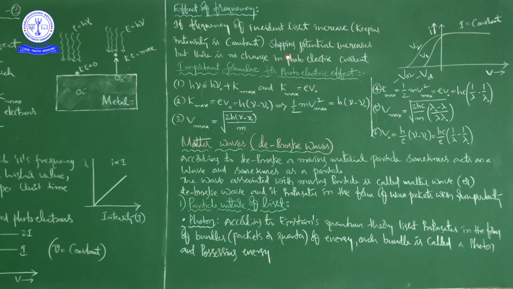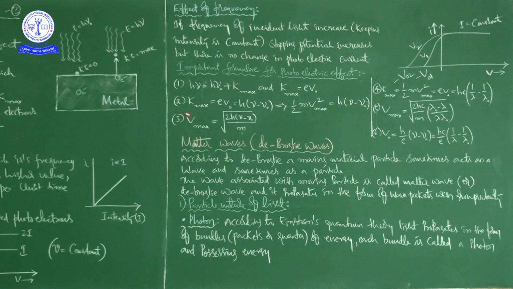The maximum kinetic energy can be written as e into V naught, where V naught is the stopping potential. So the same thing we are writing here. If you send this to the other side, e V naught is equal to h into nu minus nu naught.